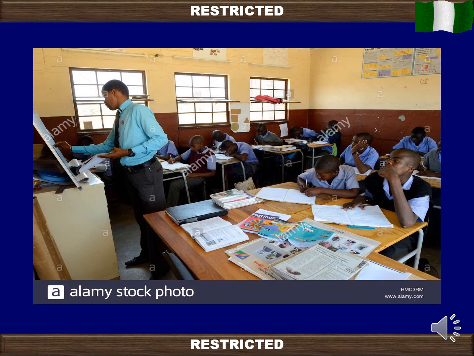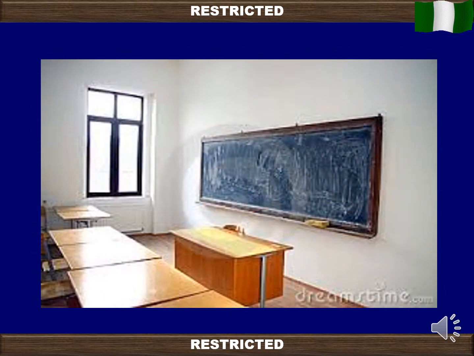Another classroom setting where the children are learning, the teacher is backing the students, and some of them are even dozing. Some are furiously writing while some are not serious in their teaching and learning. Then this blackboard, on those days, and table.